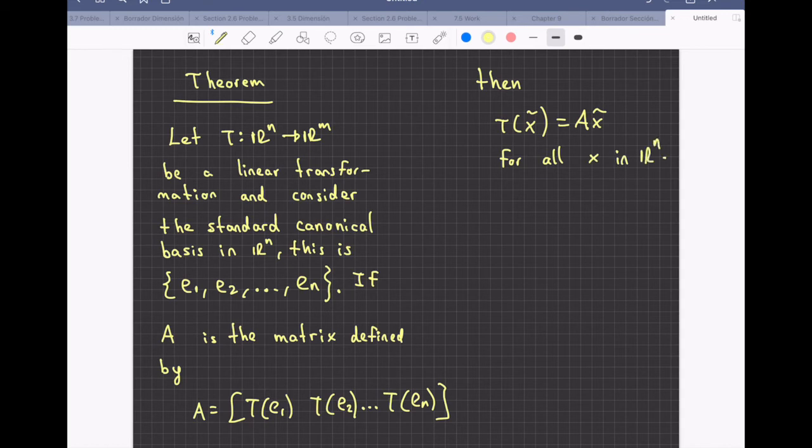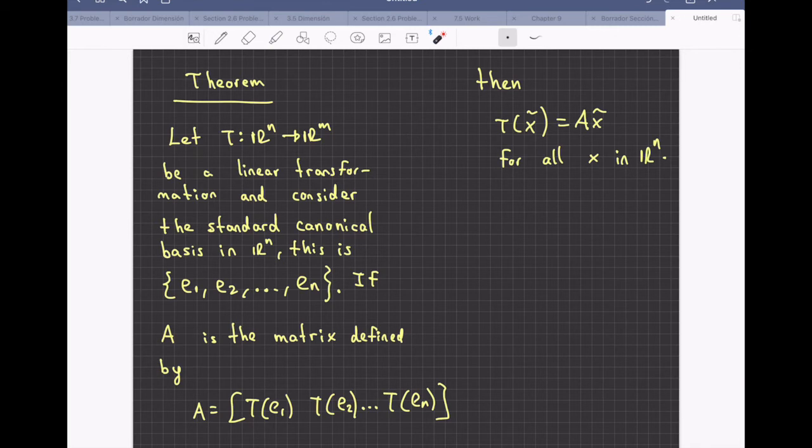So what is the meaning for this? Always we can define a matrix with a linear transformation, and the linear transformation that we have defined here is going to be equal to multiply the matrix times the given vector.